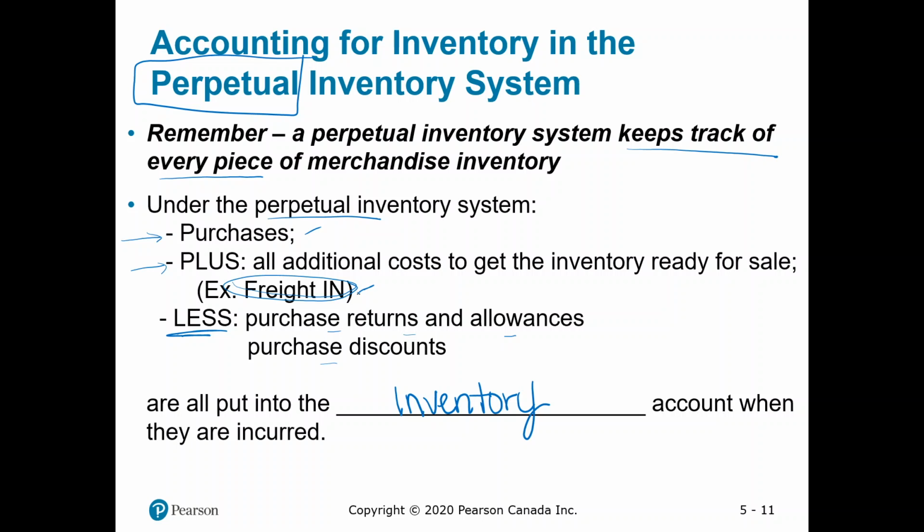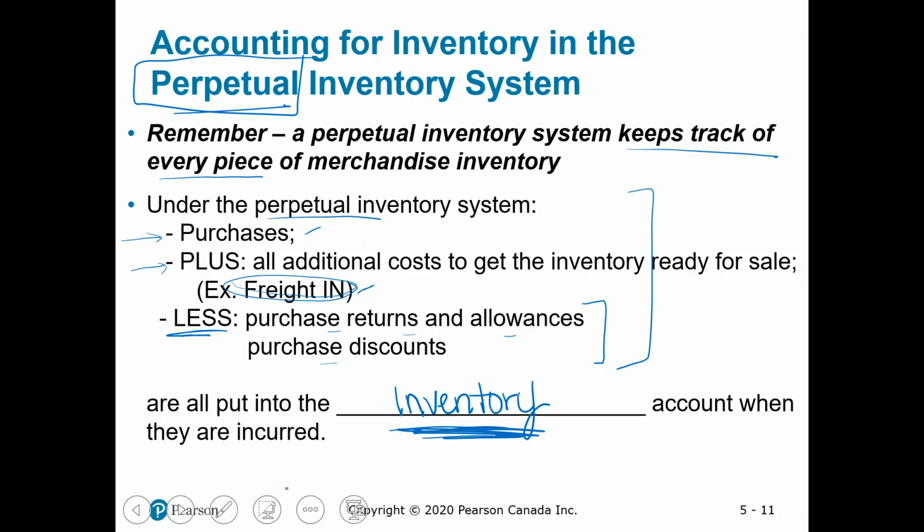We'll go through freight in and additional costs, and then we'll dive into what are purchase returns and allowances and what are purchase discounts. But the key thing here is that whenever we have these under the perpetual system, they will be recorded through the inventory account. And because we want our inventory account to always be updated, the way that we do that is by recording each of these items through that account.